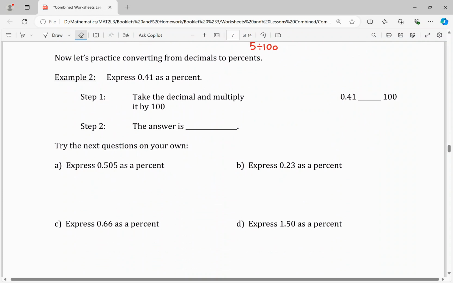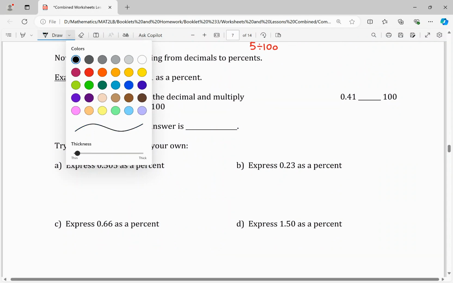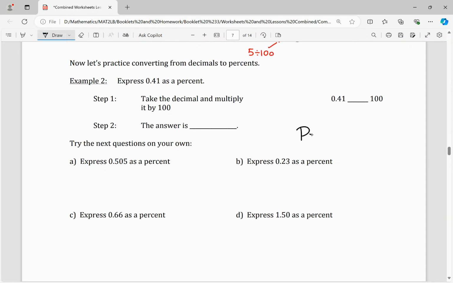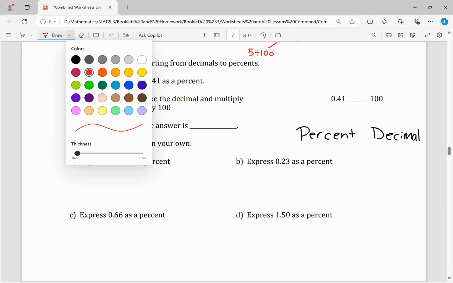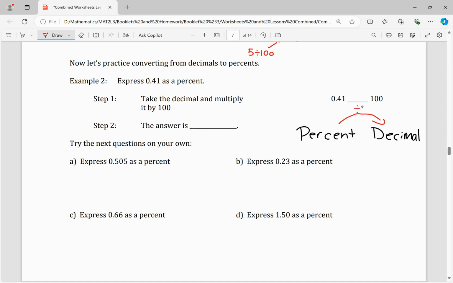Next, we're going to go backwards. We're going to turn a decimal into a percent. If to go from a percent to a decimal we divide by 100, then we need to do the opposite if we want to go from a decimal to a percent.